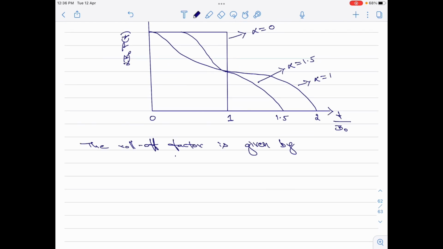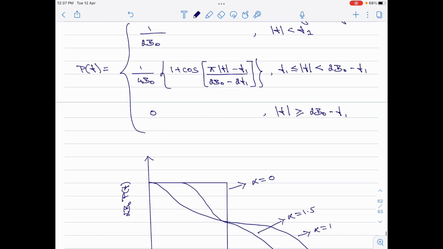It is given by alpha equal to 1 minus f1 divided by b naught. But since it is given as alpha is equal to 1, we will now substitute it as 1 equal to 1 minus f1 divided by b naught. Therefore, f1 is equal to 0.